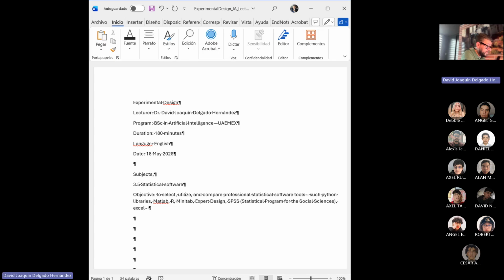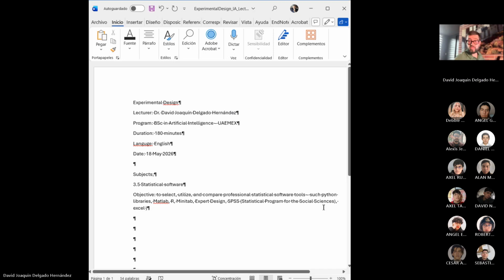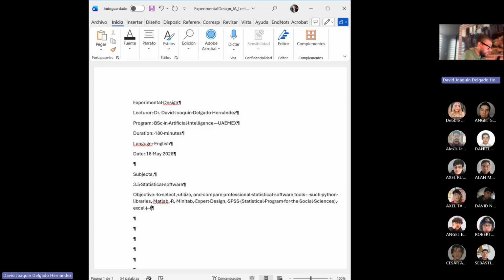These packages are for the automated generation and analysis of experimental design.